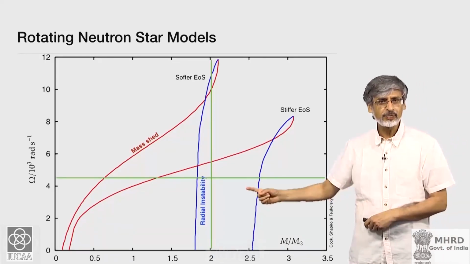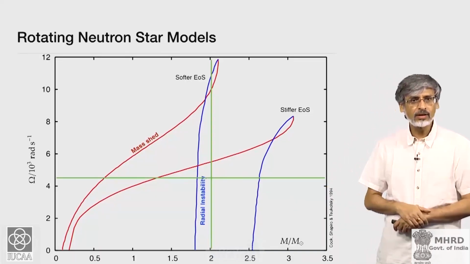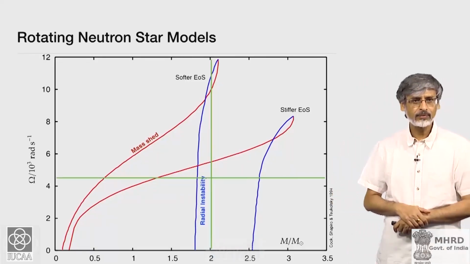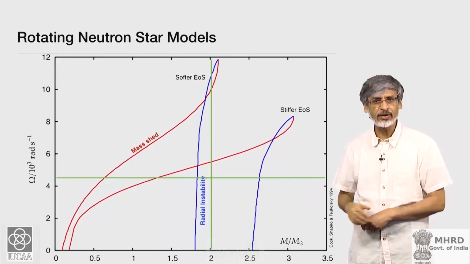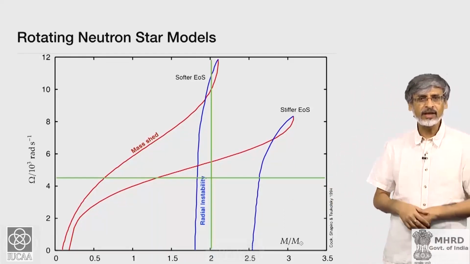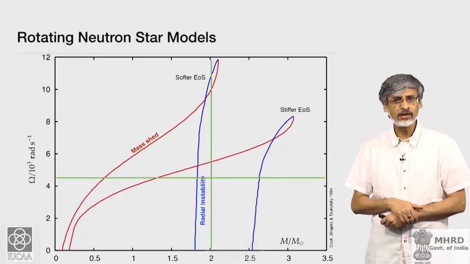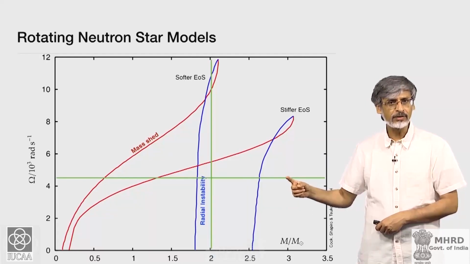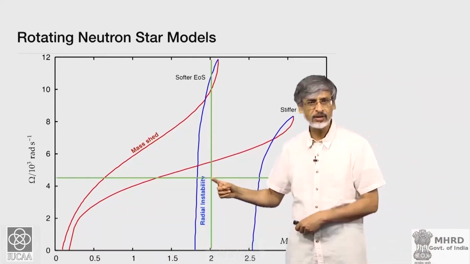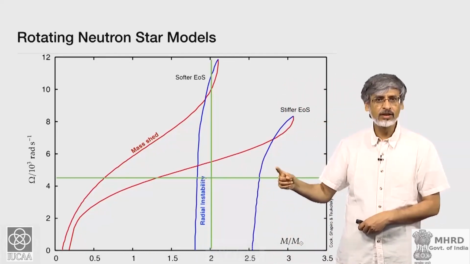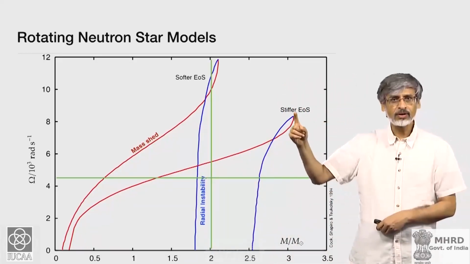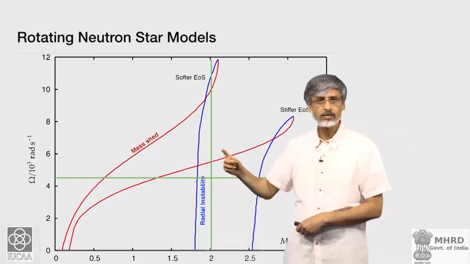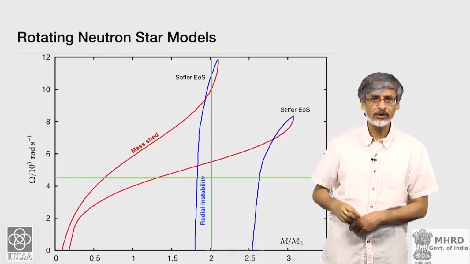So, as we see it, this is the largest inferred angular velocity of a neutron star. This is not just the 716 hertz that I talked about, but there is indirect evidence of somewhat faster spins in some other neutron stars. So, even taking the very fastest value that we could possibly infer, we can see that it is still not a discriminatory number for whether it is a stiff equation of state or a soft equation of state.